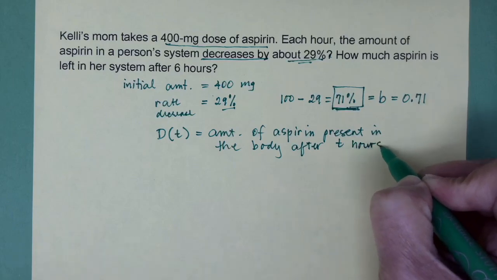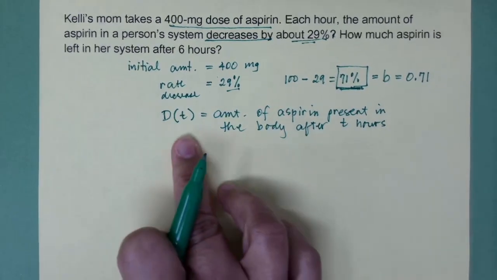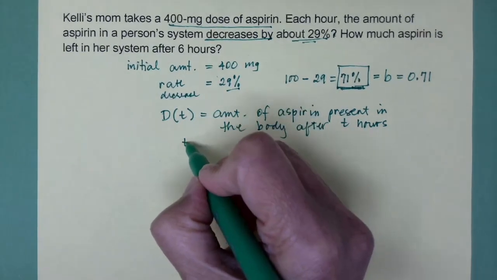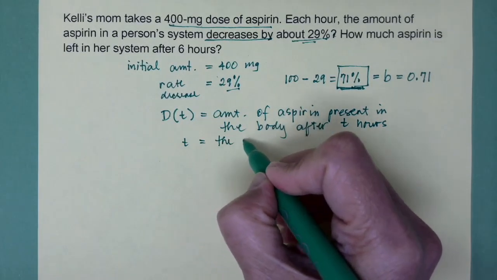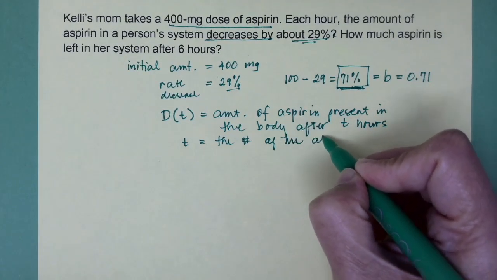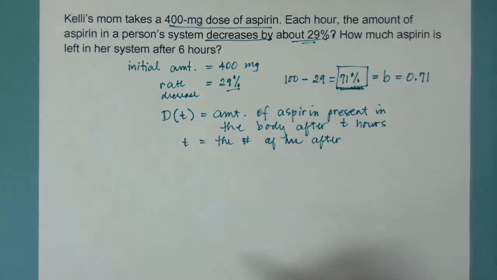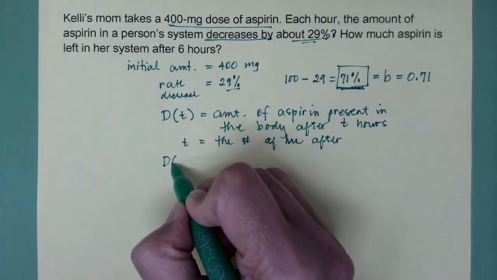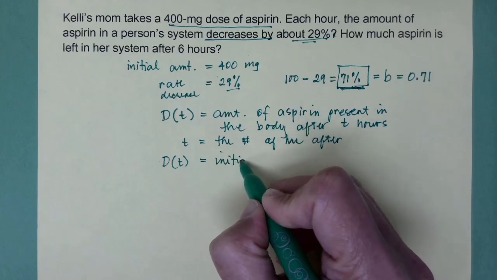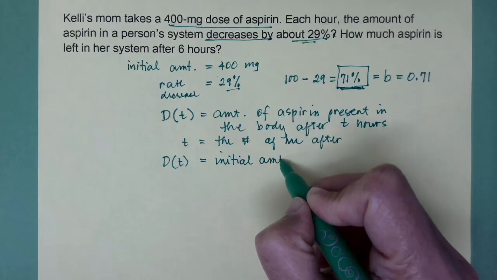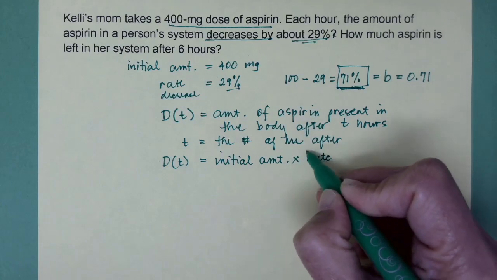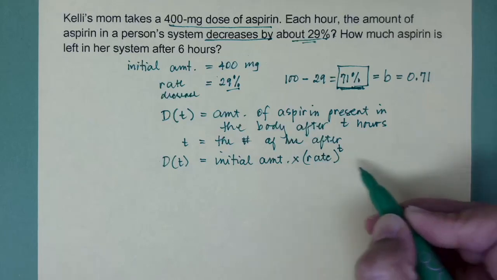That's our indication, right? And of course, t here is the number of hours after taking the aspirin. So what's going to be our D of t? Remember, we need the initial amount, then we multiply that by the rate, and the rate is raised to the power t.